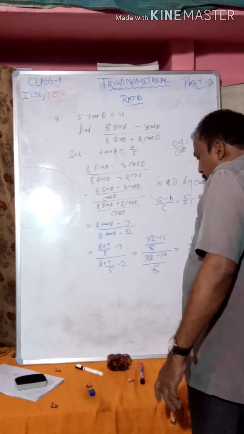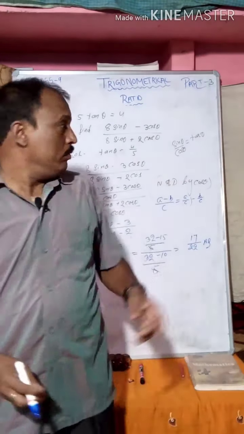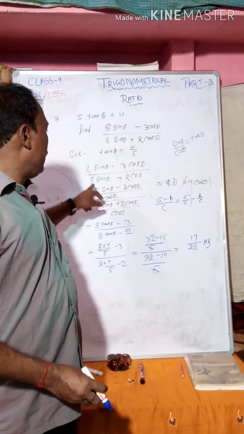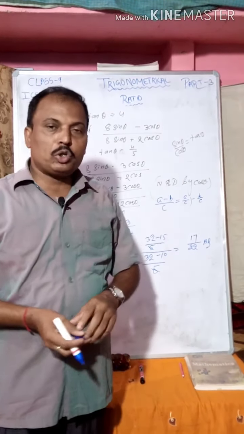This is the value of 8 sin theta minus 3 cos theta upon 8 sin theta plus 2 cos theta.